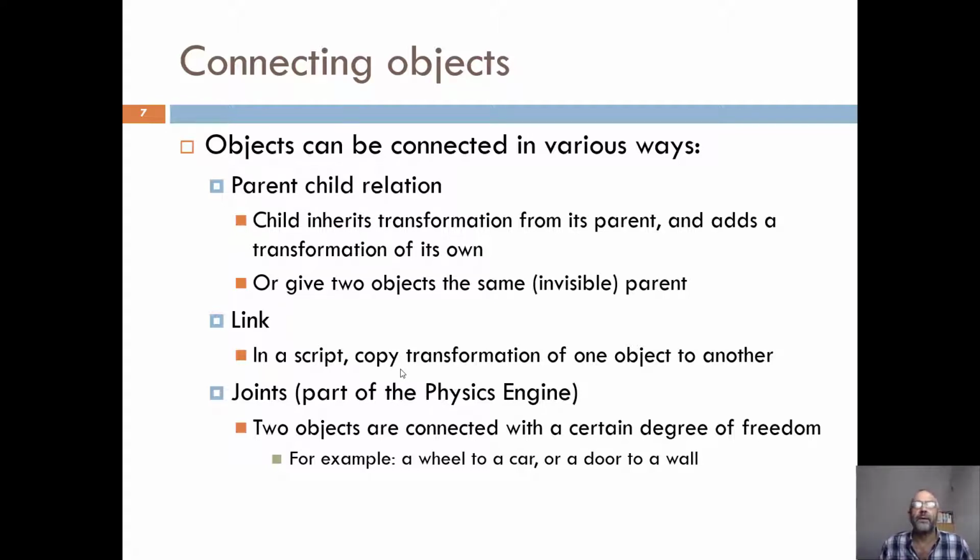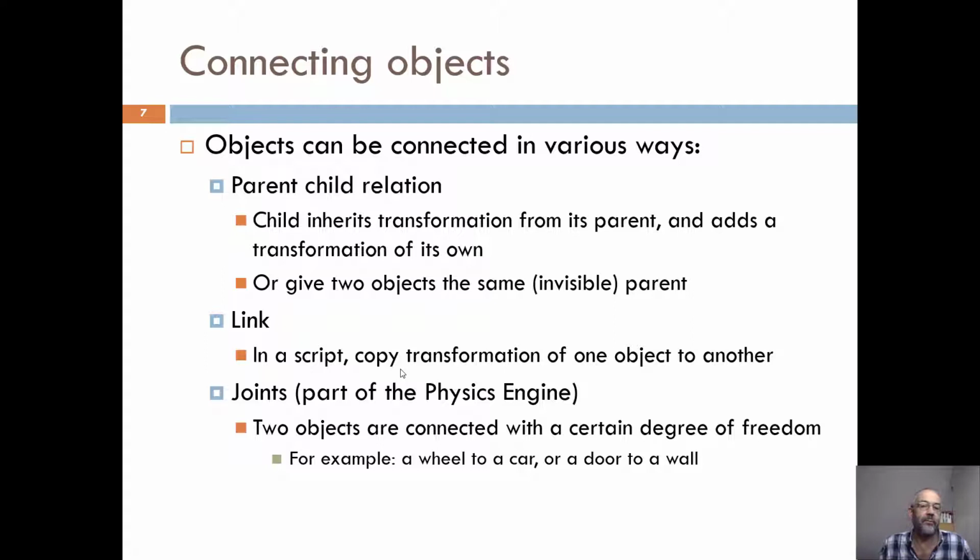You can make an object a child of another object, and then it will always follow its parent, as we have seen before. Or you can have 2 objects that have the same invisible root parent. We've also seen that, which is often a better solution. What you could do is, in a script, copy the transformation of one object into another one, and then that other one will follow the first one.